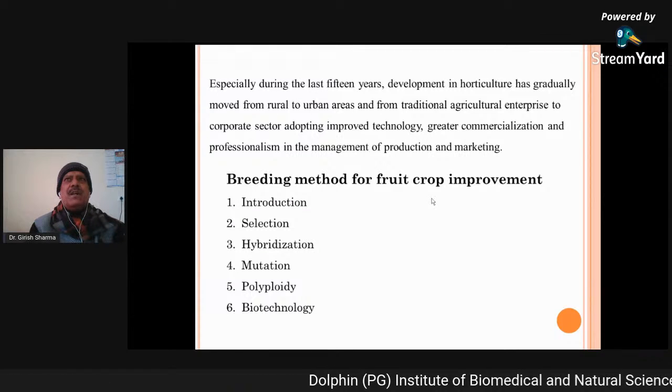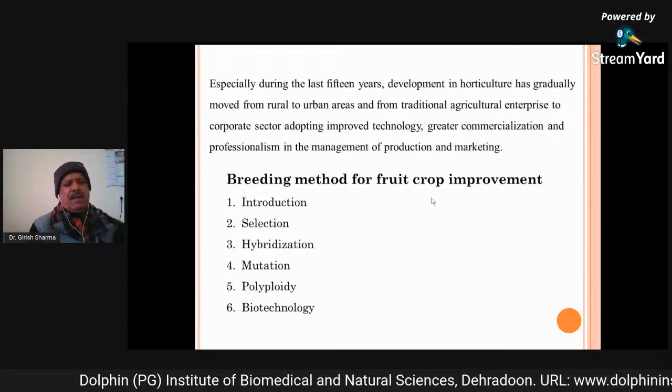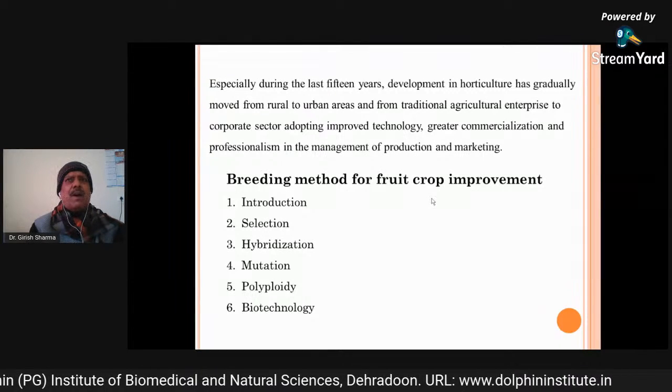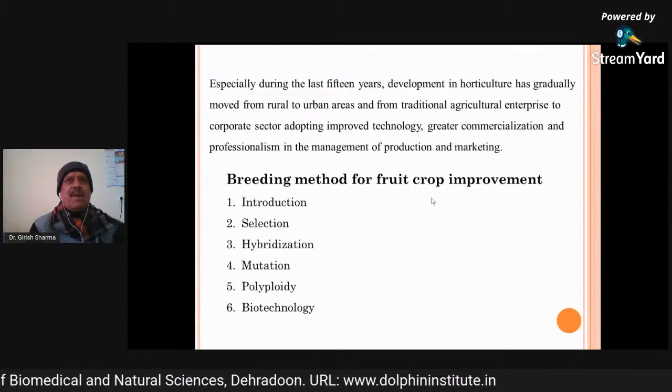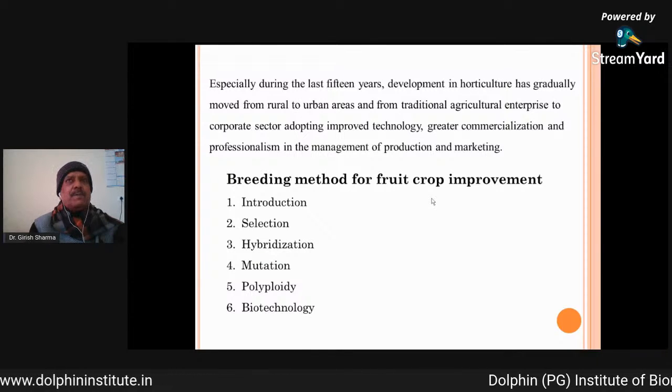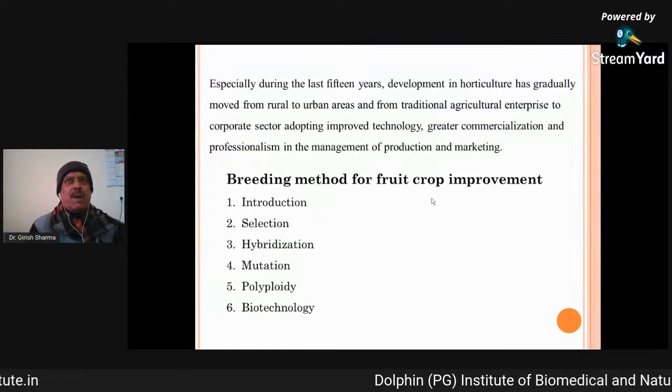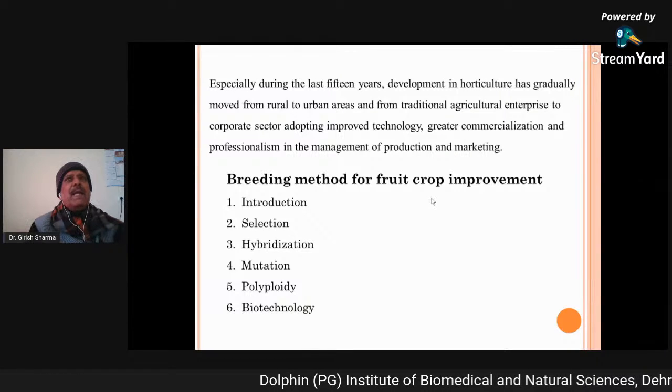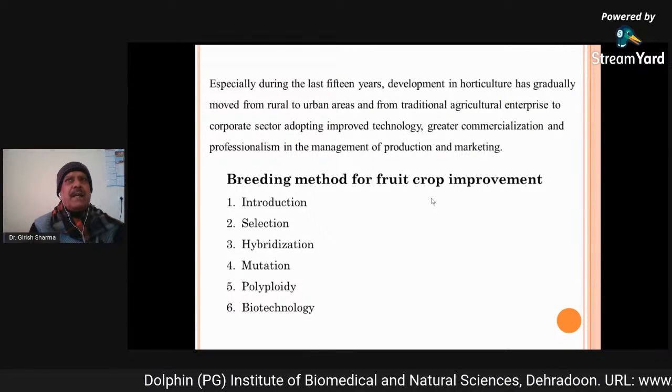Their variation is required, say, in ornamental crops, where variation in flower color is extremely important. For these crops, chimeras are important, but for main horticultural crops, they are negative.